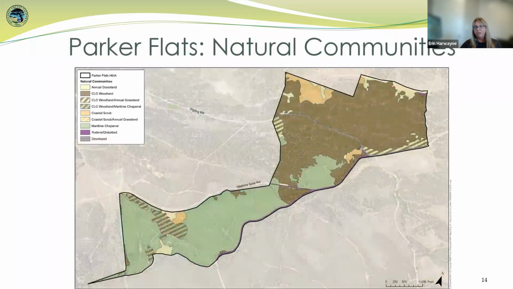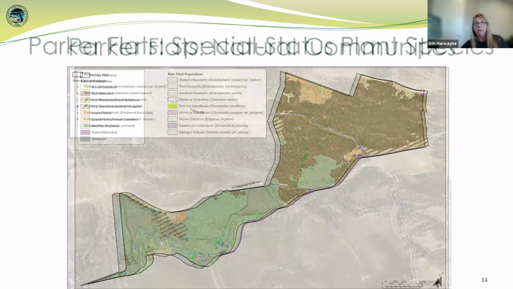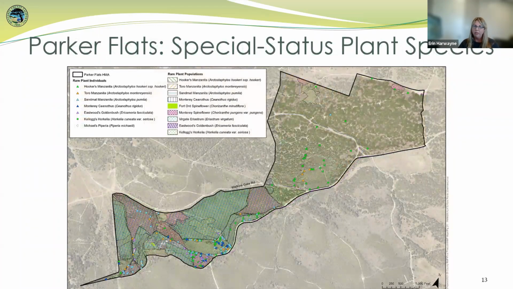Oh, I guess I should mention, sorry, Melanie, go back real quick. I mentioned briefly earlier that the HMP identified 18 or 19 specific special status species, plants and wildlife. We took this above and beyond. We didn't just focus on those 18 or 19 species.